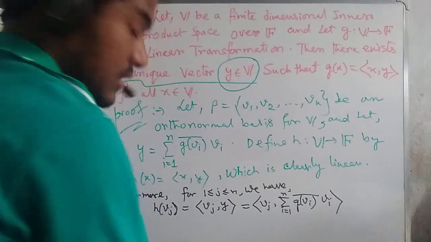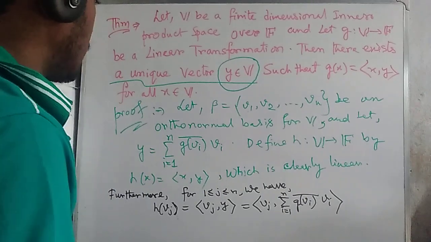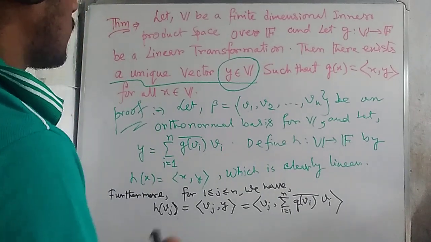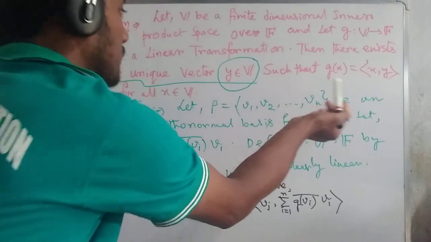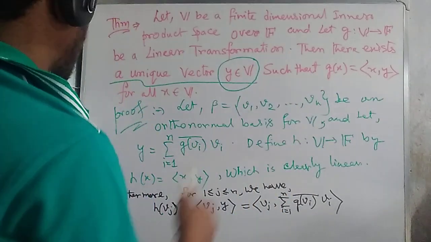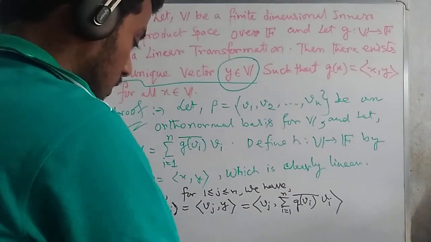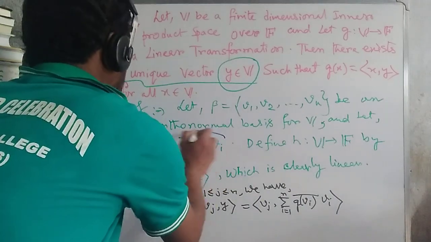Understood? So we take beta equal to v1, v2, ..., vn, an orthonormal basis for V, and let y equal to this.